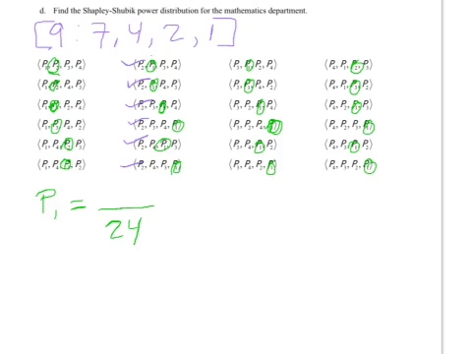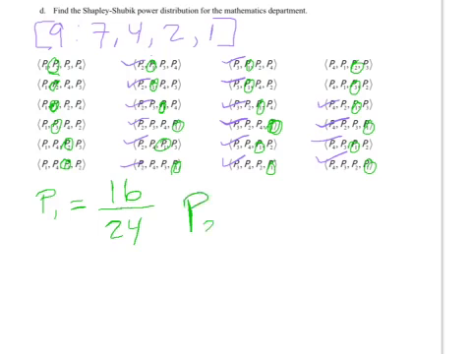And then, so that's 6. Here's 7, 8, 9, 10, 11, 12. Here's 13, 14, 15, and 16. So 16 of 24 times player 1 was pivotal.